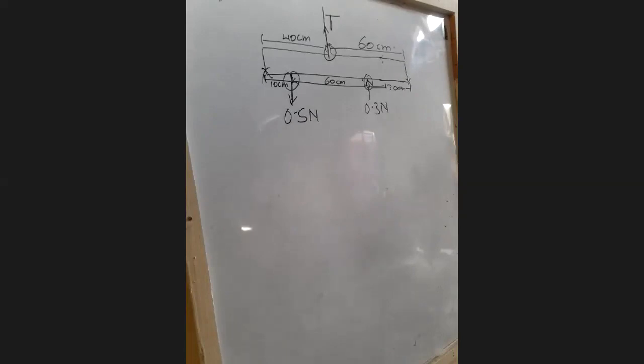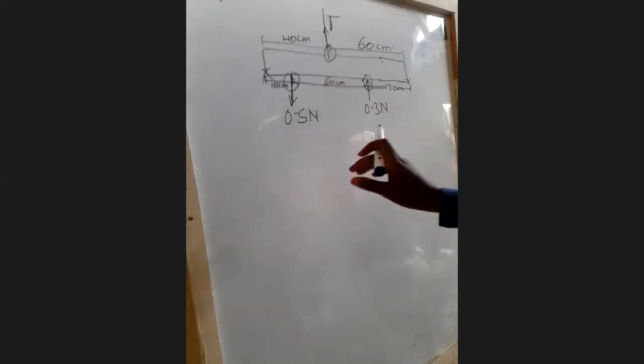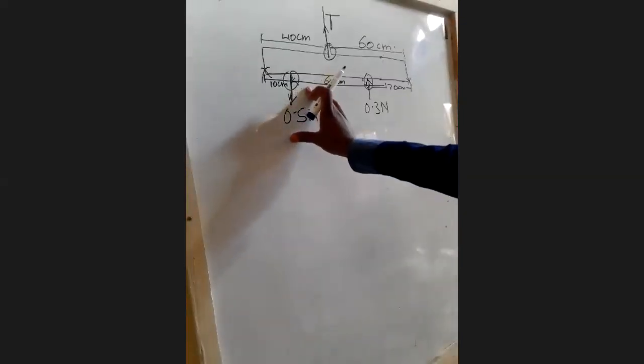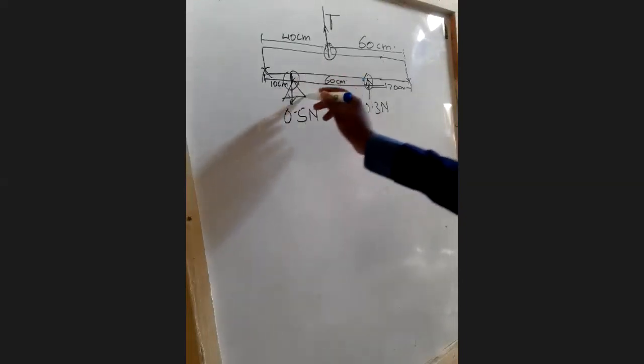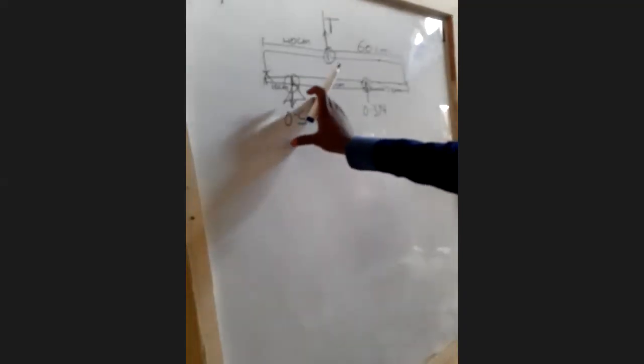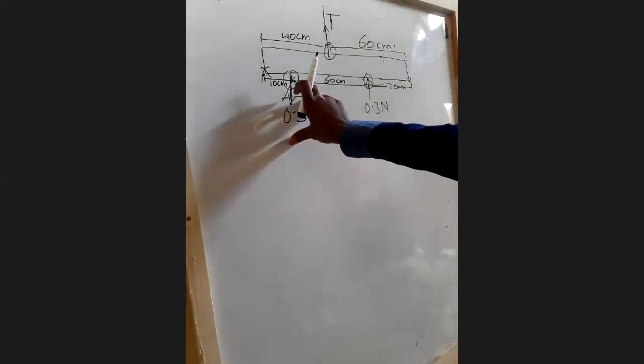So for me, I want to take my moment where the force 0.5 Newton is acting at. So my moment, I'm going to take it there, meaning I'm going to pivot it there. Now, if I pivot it at that position, then it simply means that 0.5 Newton is not going to produce a force.